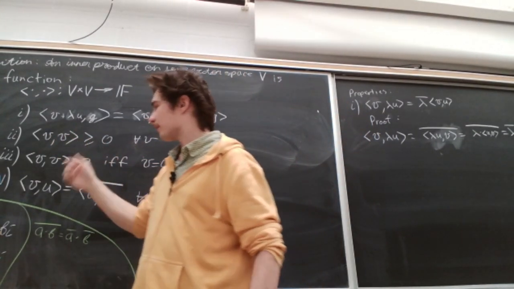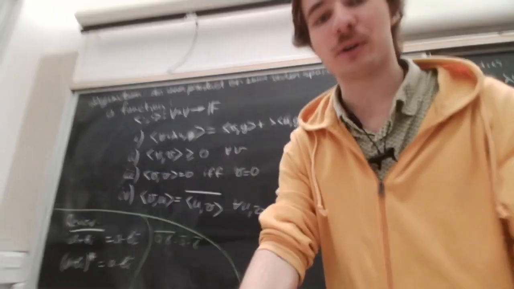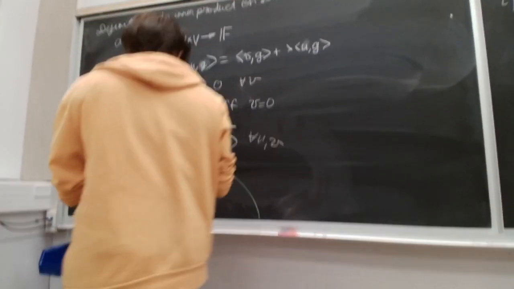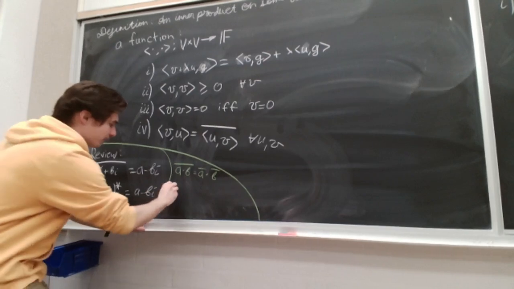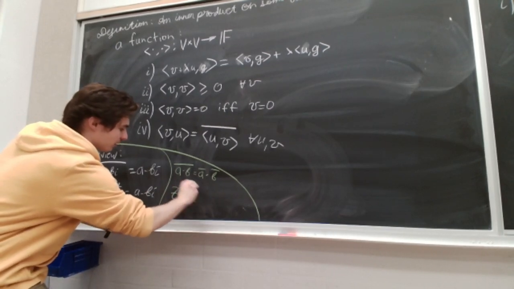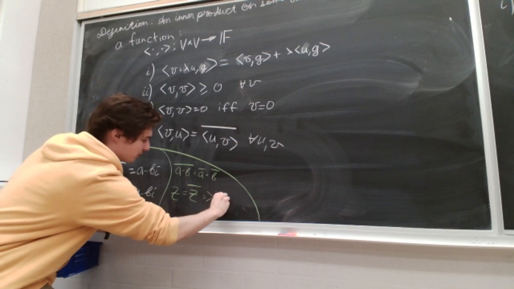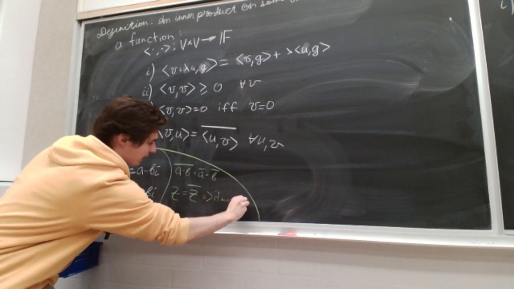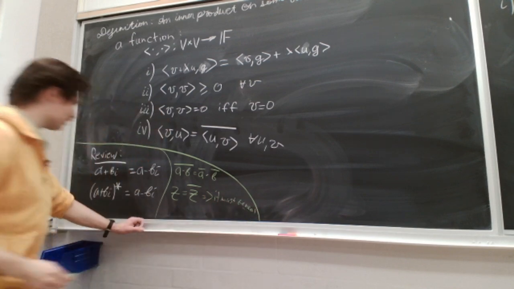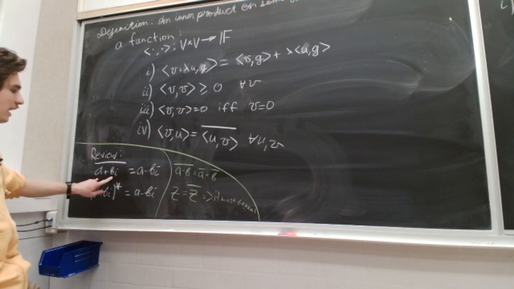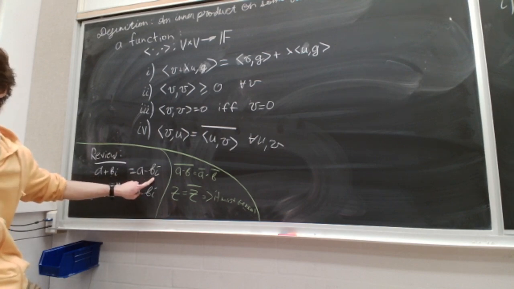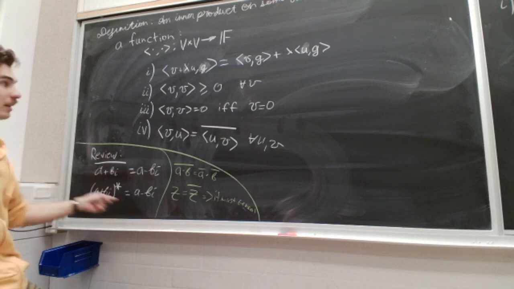Because this is another fact about complex numbers: if z is equal to z bar, that means it must be real. Why is that the case? Because if a plus bi is equal to a minus bi, that means b has to be 0. But if b is 0, then it's a real number.